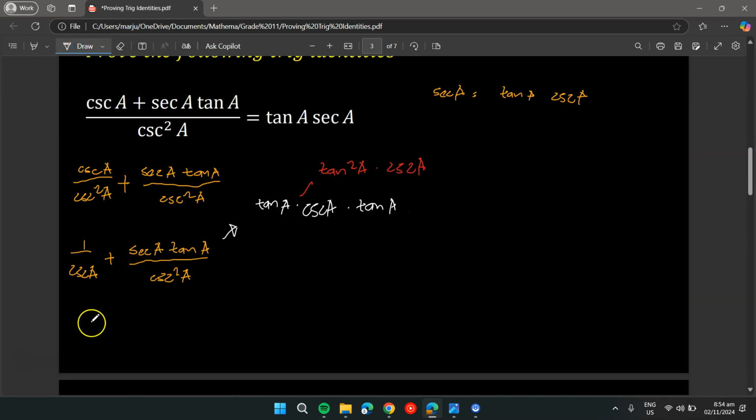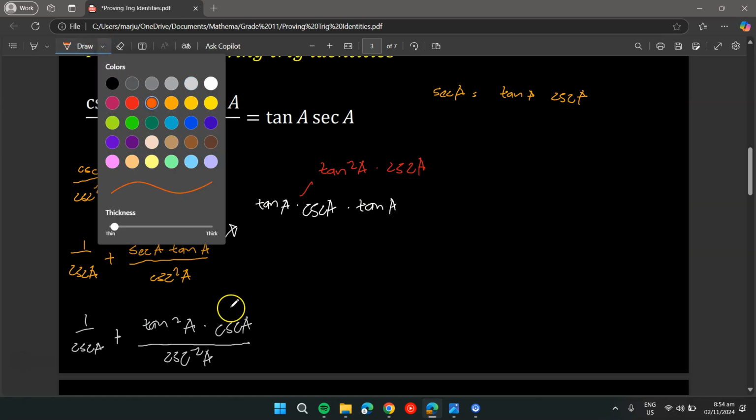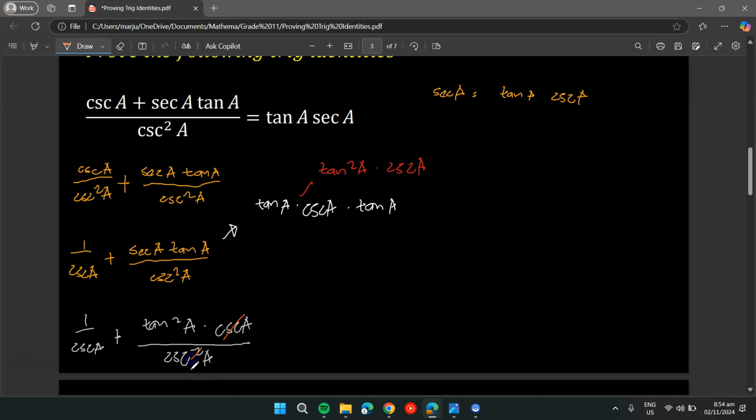So I have now 1 over cosecant of a plus tangent squared of a times cosecant of a all over cosecant squared of a. Now notice that I can cancel out cosecant of a.